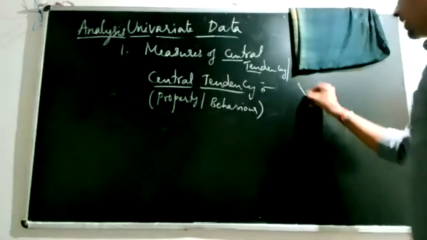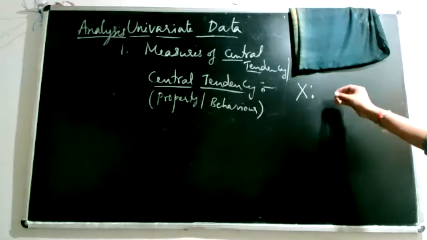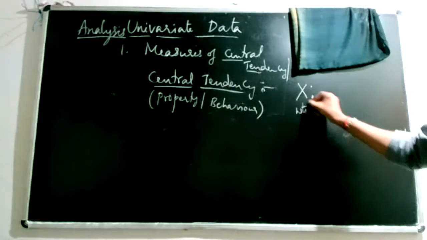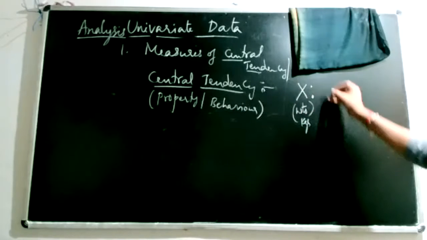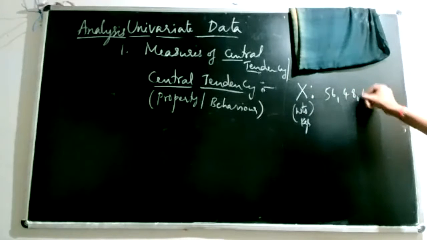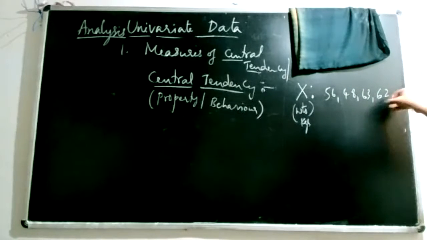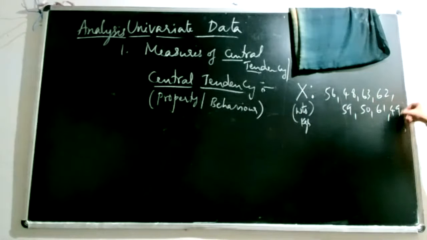You are extracting some data points. Let me say you are looking at the weights of the students of a particular class, recorded in kgs. Then let me say I have 56, 48, 63, 62, 59, 50, 61, 49. I'm just recording the integer part of the values.